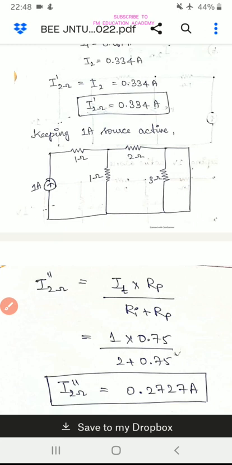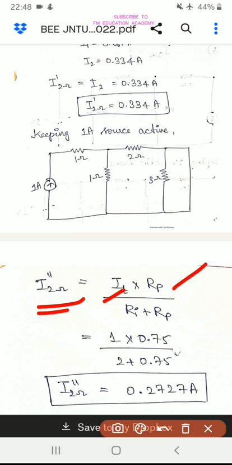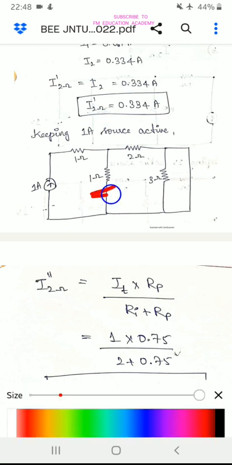Now we are finding the current across the 2 ohm resistor. We have a formula: IT into RP by (RI plus RP). IT here is 1. RI is the resistor opposite to the 1 ampere, into RP. RP here is 0.75, the parallel resistance.